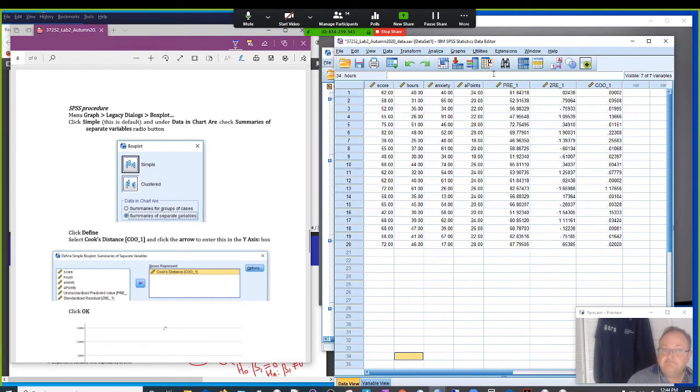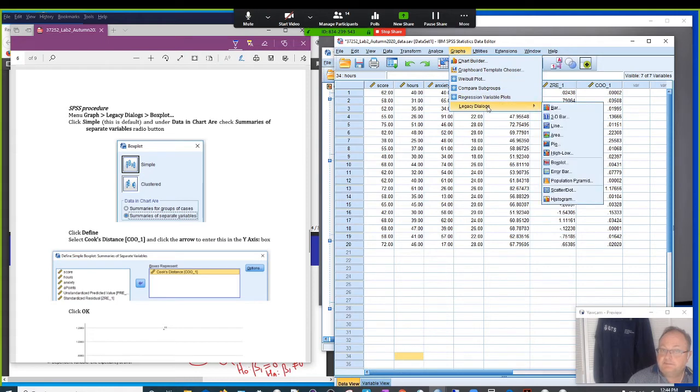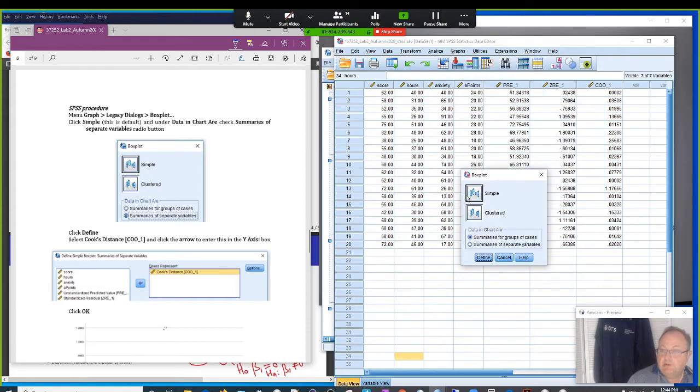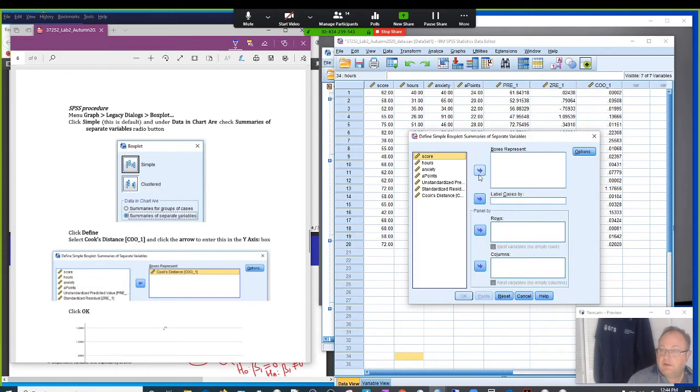our data, and graphs, legacy plots, a box plot for our data. We'll do simple. Just change that to separate. Then we'll get Cook's distance, and we'll use Cook's distance in our boxes.